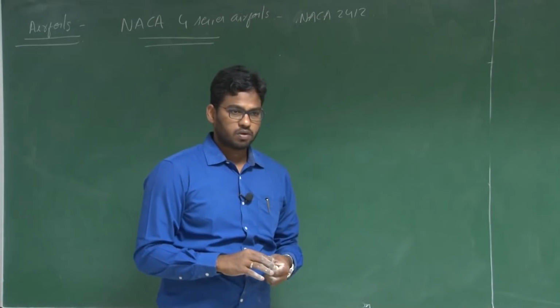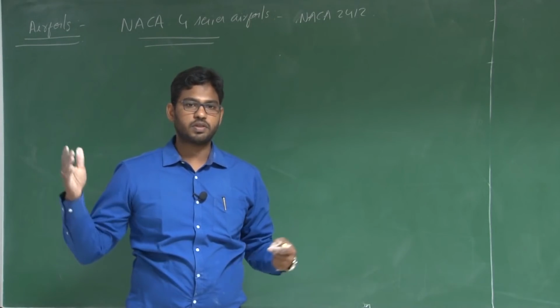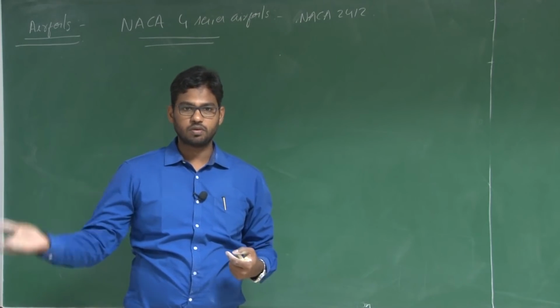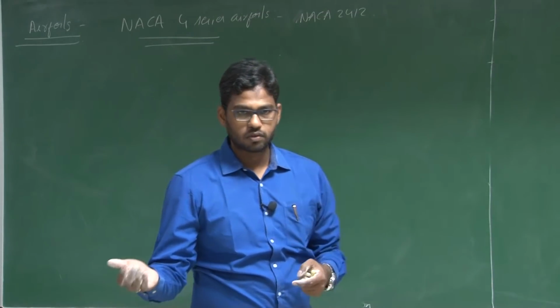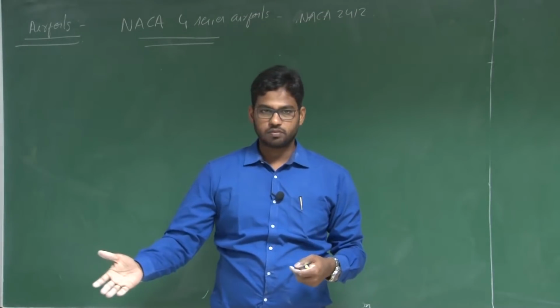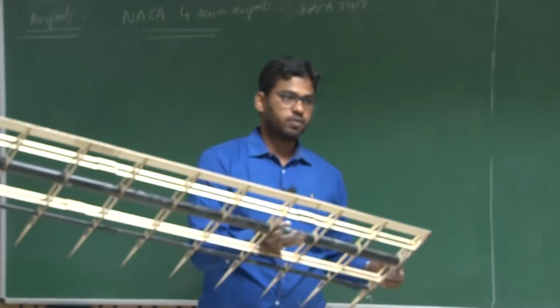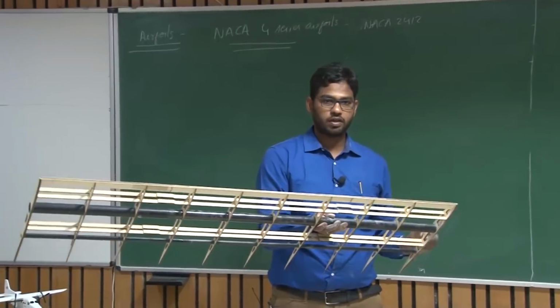Now ultimately what we want the wing to generate is sufficient lift to overcome the weight. The planform you will decide from the mission requirements, but you need to select the corresponding cross section as well, called aerofoil selection.